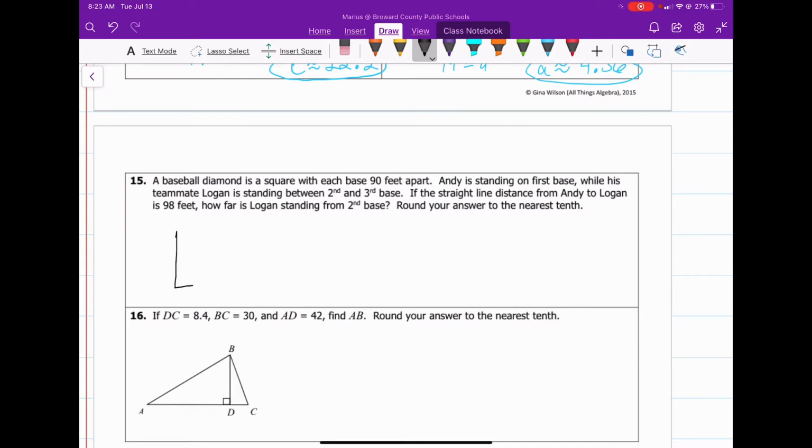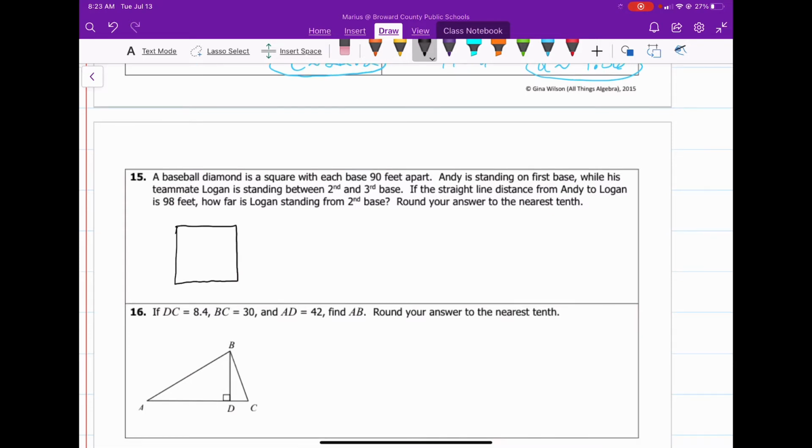So, I'm just going to draw a square. We'll say that this is first, second, third, and really we should go the other way around. Let me draw my baseball diamond correctly. So I'm still going to draw a square, but I'm going to put home right here. This will be first base, second base, and third base, and then he comes right back home.